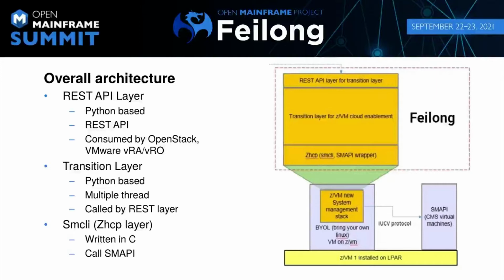As RESTful API calls come into the REST API layer, the transition layer will take those calls and translate them into the SMCLI layer, or the ZHCP layer, which is completely written in C, and it works directly with SMAPI, which is the Systems Management API for z/VM.